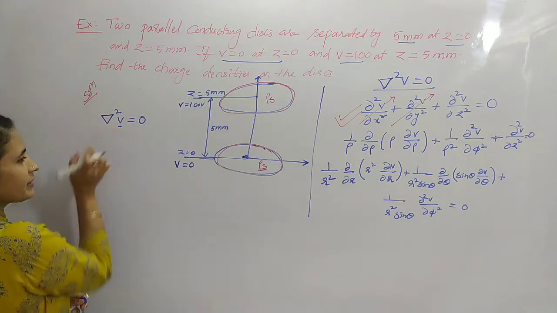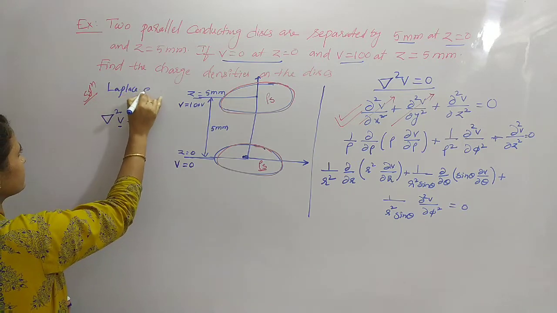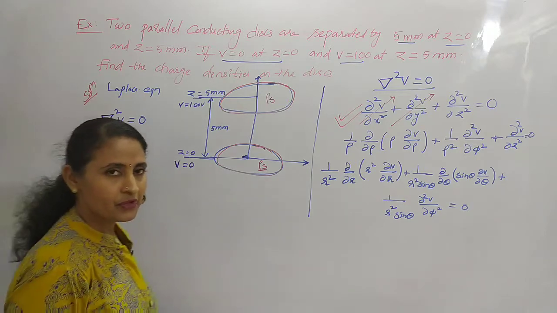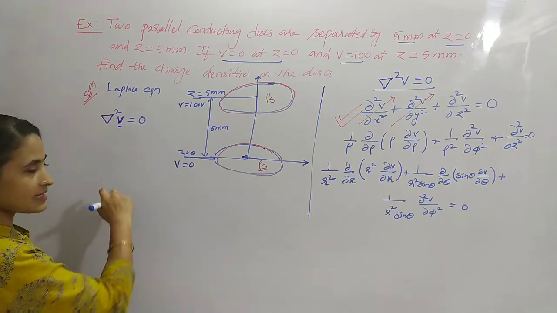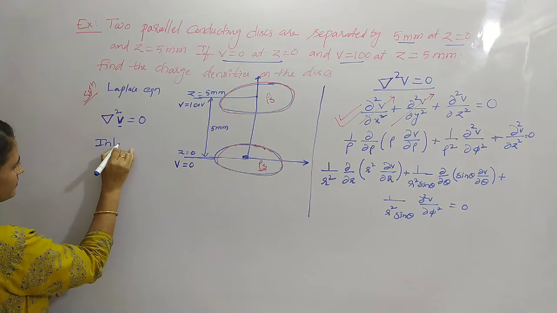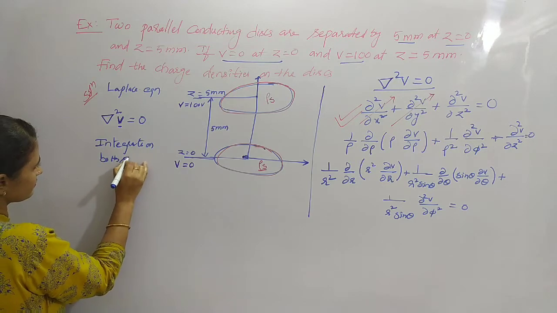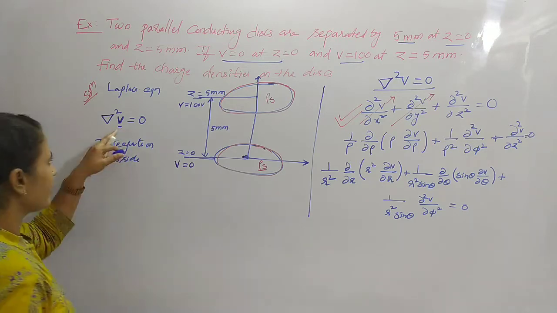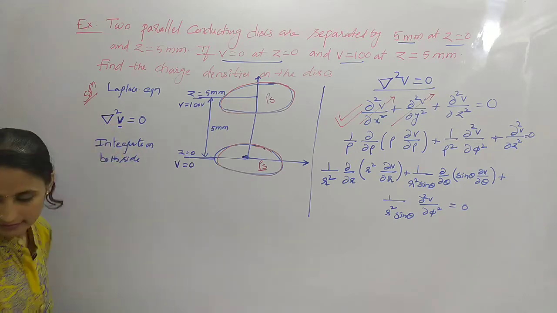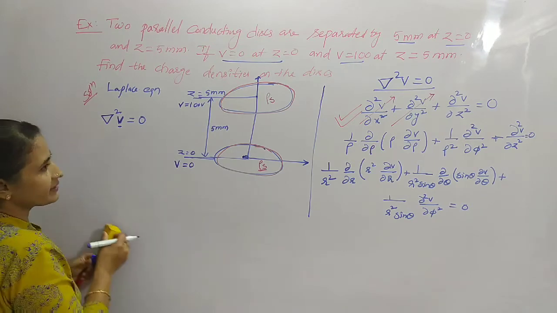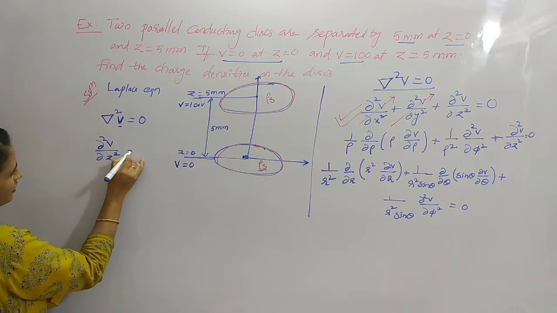So by using the Laplace equation, del square V equal to 0, we have to take out the value of V. For that, let us integrate on both sides. Since the other two terms are 0, we have dou square V by dou Z square equal to 0.